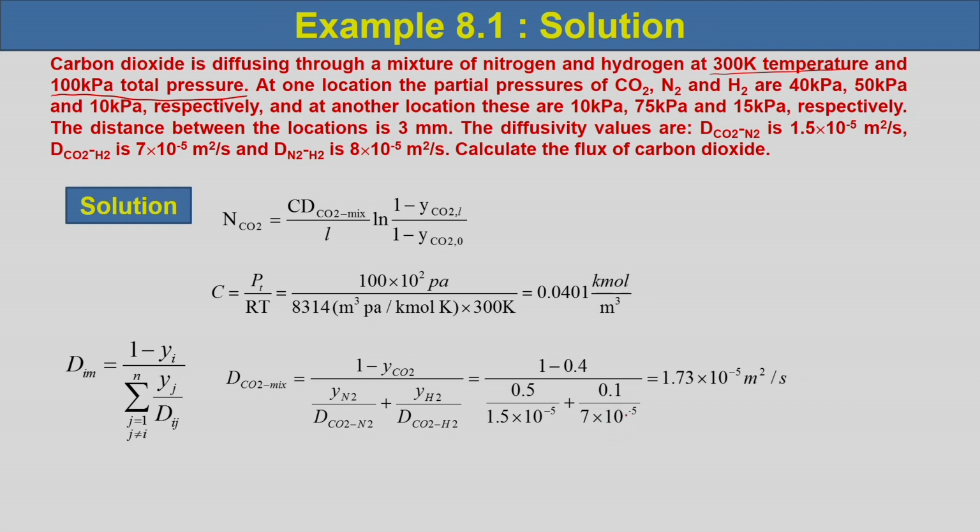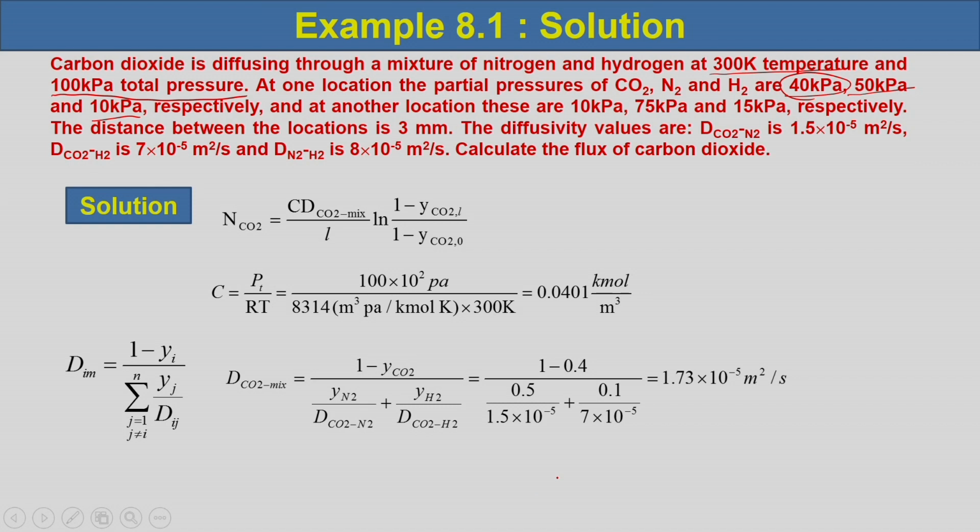So, here at one location it is given as 40 kilopascal of carbon dioxide. Its mole fraction is 0.4, and for nitrogen it is 0.5 mole fraction, and for hydrogen it is 0.1 mole fraction.